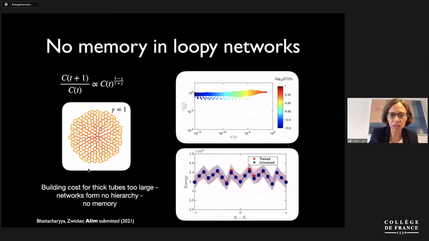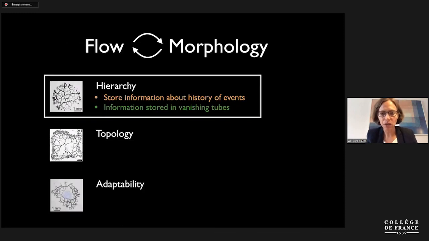It forms an entire loopy network where there's not much difference between the tubes. So there is no hierarchy, and because there is no hierarchy, there's no memory. And so this mathematical model showed us in the end that information is stored in vanishing tubes. The hierarchy of the network, the pattern of thick and thin tubes, is the means to store information, but at the same time it is a prerequisite to do so.